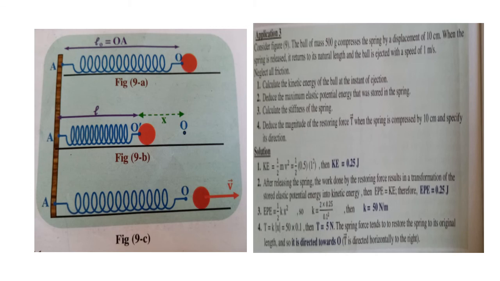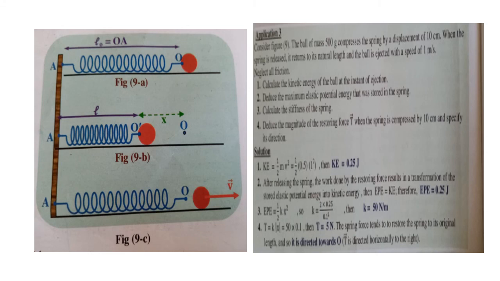So after releasing the spring, the work done by the restoring force, which is the force that tends to bring the spring back to its initial length, results in the transformation of the stored elastic potential energy into kinetic energy. So EPE equals kinetic energy equals 0.25 joules.